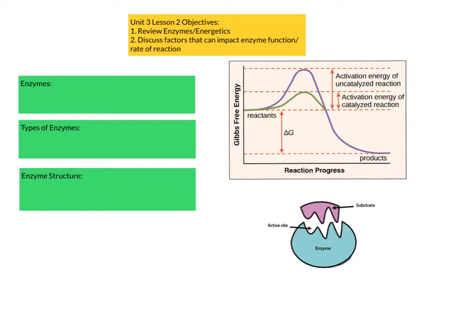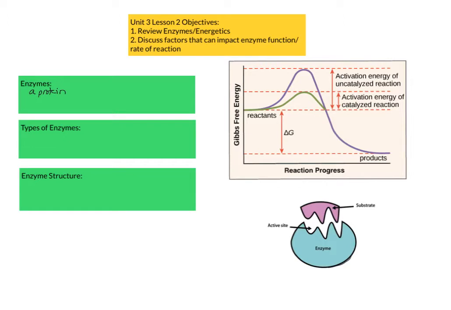So let's start off with that first objective here, right? So first, what is an enzyme? An enzyme is a protein. It's extremely important that you remember that the type of molecule an enzyme is, is a protein, and its function is to catalyze a reaction.